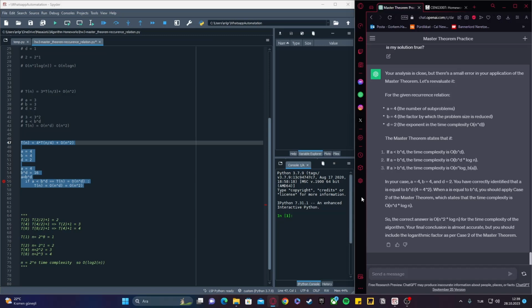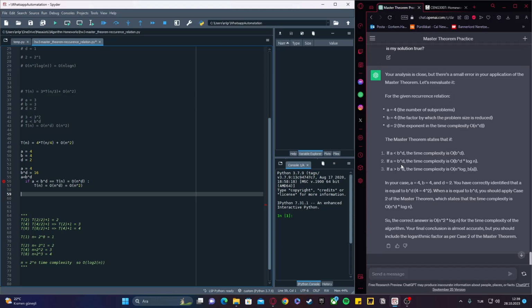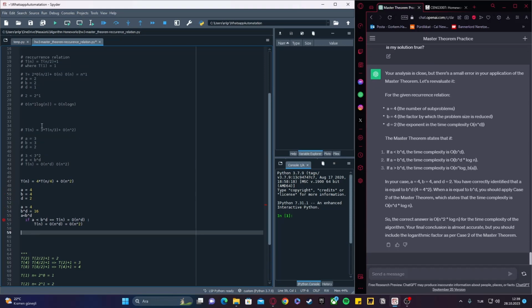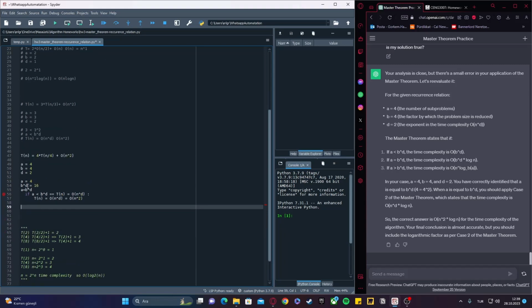Actually, it is not equal. Did I say equal? No, I haven't said any equivalence. ChatGPT says you should include the logarithmic factor of case 2 for that. What? Am I making any mistakes?